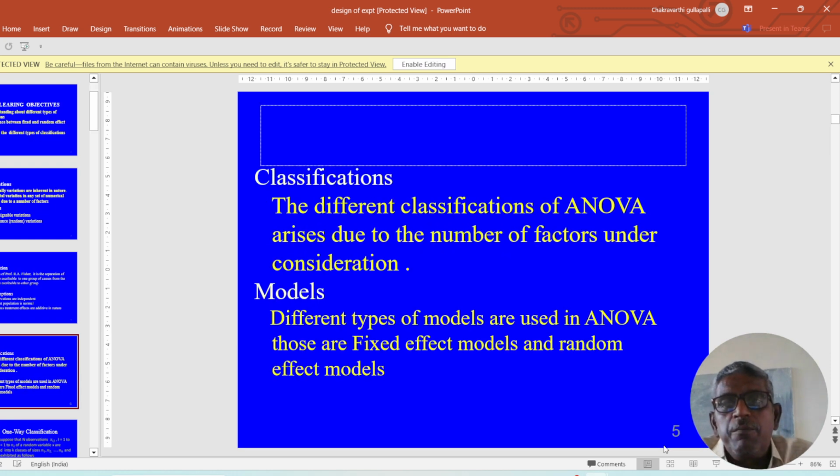Now coming to classifications of different types of ANOVA. There are different types. The number of factors we are studying is called the number of classifications. For example, one-way classification means we are studying only one factor, and that is affected by one assignable factor.